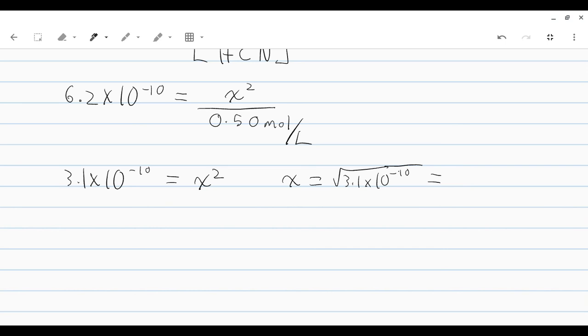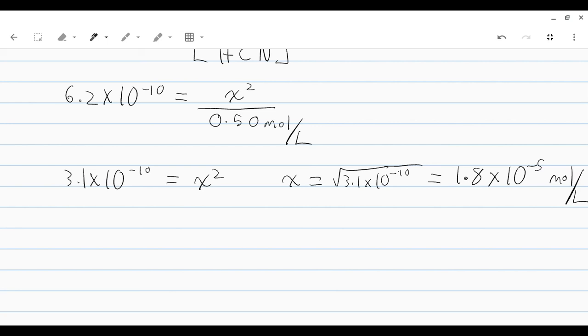And that is going to be equal to 1.8 times 10 to the negative 5 moles per liter.